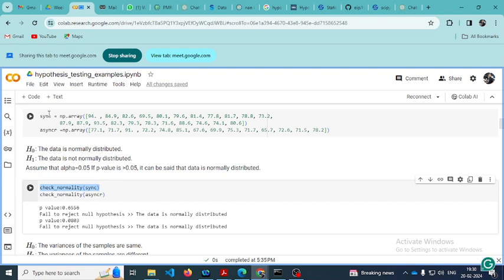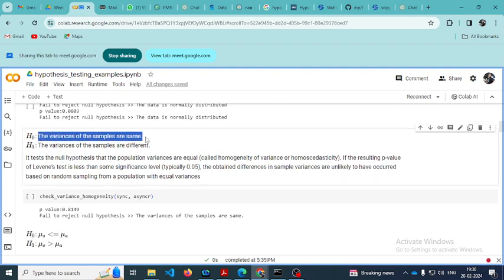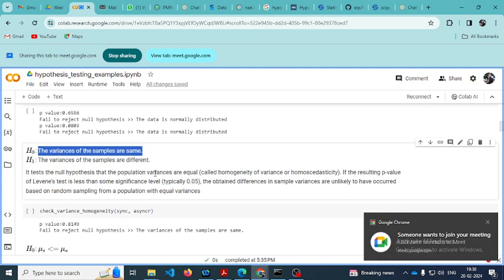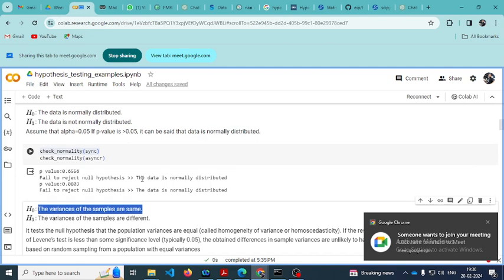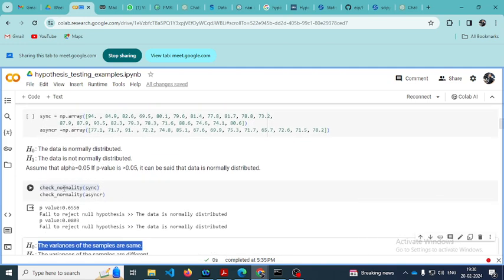Then you can pass your data, the synchronous students data, for this normality checking. So you have made two assumptions. One is normally distributed data, and the other hypothesis is whether the variances of the samples are the same or not. So these are two hypotheses you need to check on this data. Initially I called my check normality.